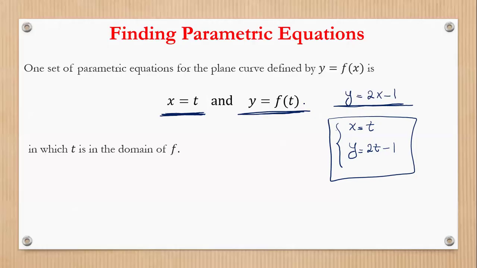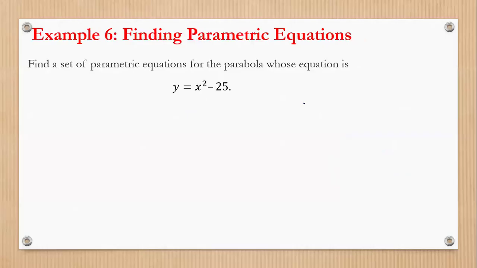Now let's look at an example. We want to find a set of parametric equations for the parabola whose equation is y equals x squared minus 25. So first step, we replace x by t. That's your first equation. Always, that's your first equation. Now you only need to find the second equation, which is an equation for y.